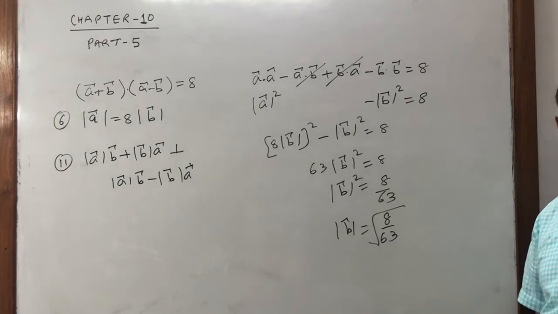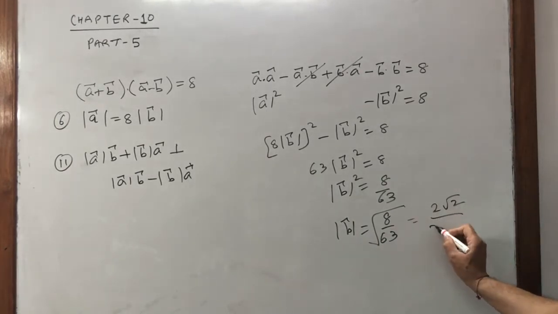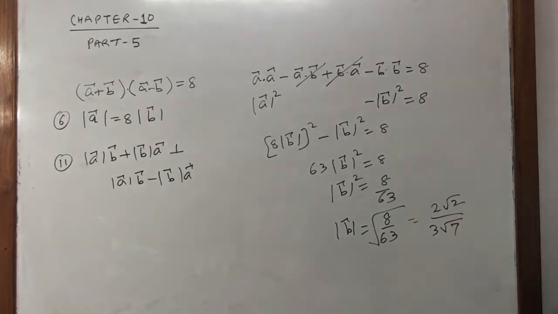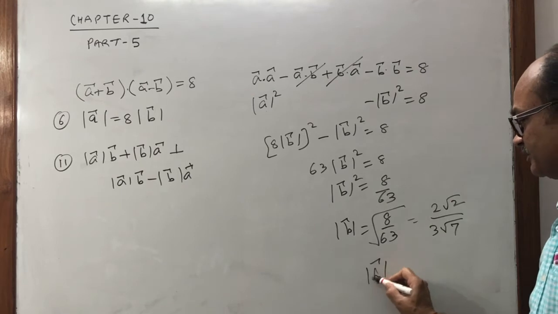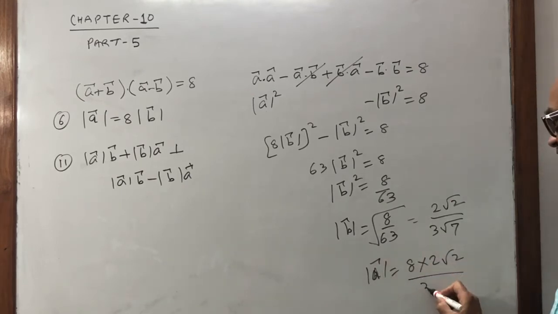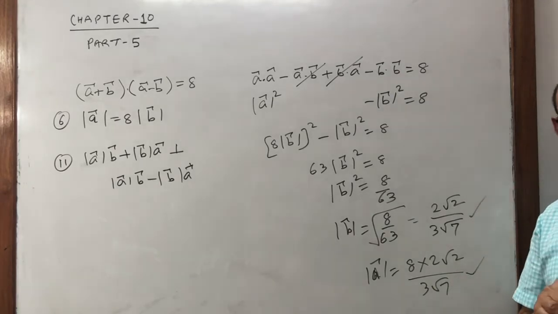We can write it as 2 root 2 divided by 3 root 7. 63 we can write like this. That is the value of mod B. Now what is mod A? Mod A equals 8 times 2 root 2 divided by 3 root 7. These are the two answers for mod A and mod B.